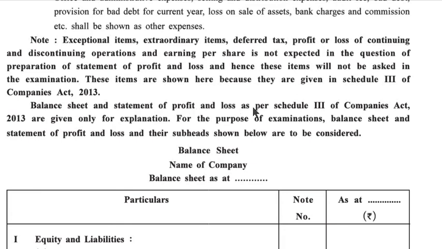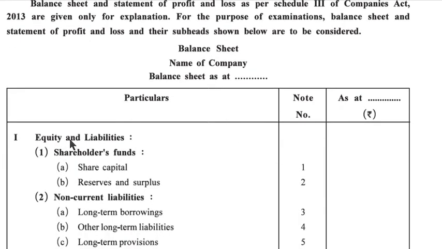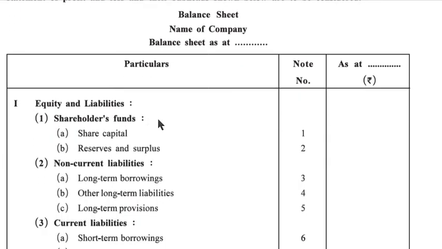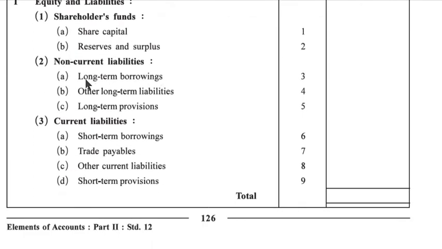The balance sheet and statement of profit and loss as per Schedule 3 of the Companies Act 2013 are given only for explanation. For the purpose of examination, the balance sheet and statement of profit and loss and their schedules shown below are to be considered. Balance sheet, name of company, balance sheet as at. Equity and liabilities: shareholders funds, share capital, reserve and surplus; non-current liability, long-term borrowing, other long-term liabilities, long-term provisions.